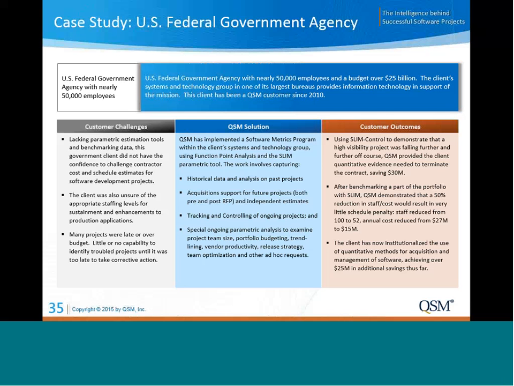Secondly, they had a portfolio of projects and we helped them model a more appropriate staffing level where they could still achieve the same amount of functionality with very little schedule penalty. And so they've reduced their staff from 100 to 52, saving $12 million per year.